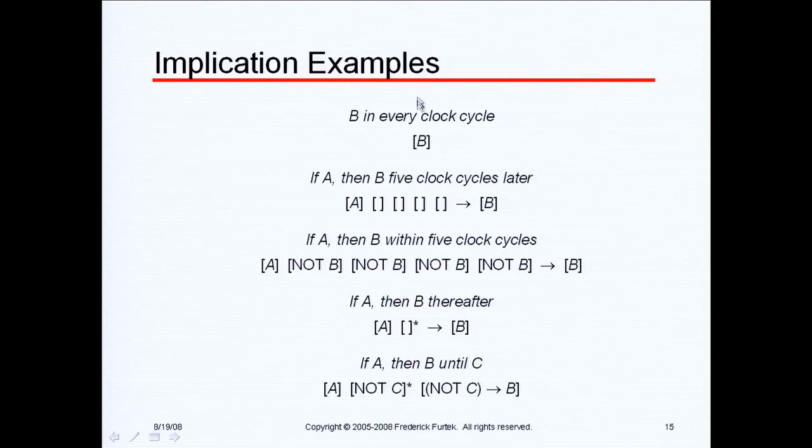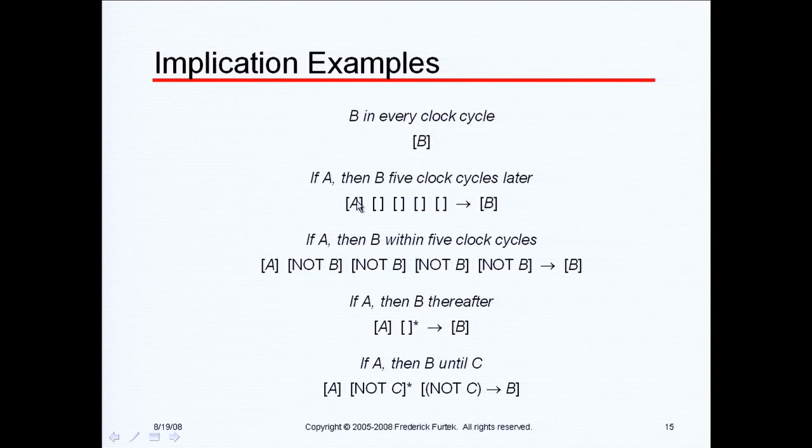Here are the examples I listed a few slides earlier of the implications distributed in time. If we want to say that B holds in every clock cycle or every state, we simply enclose B in square brackets. If we want to say that if A, then B 5 clock cycles later, we have a state in which A holds, followed by 4 consecutive don't care states, implying that B holds in the next state.